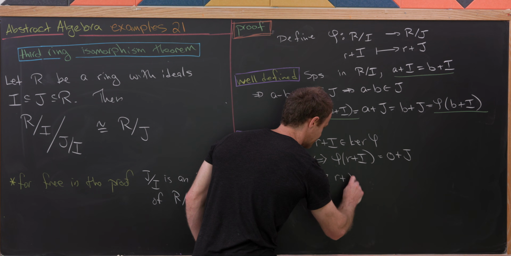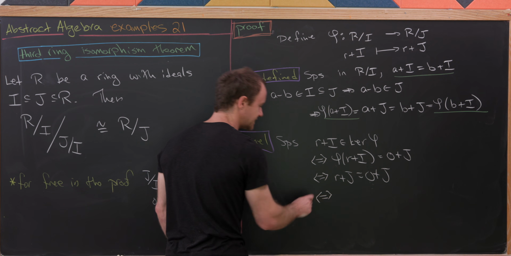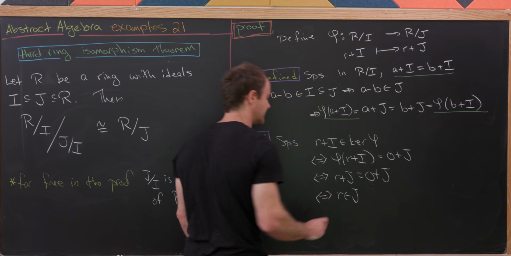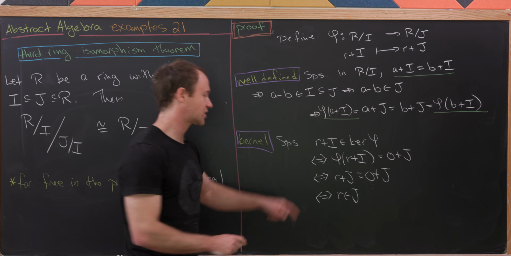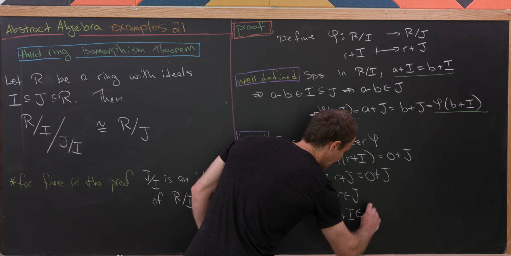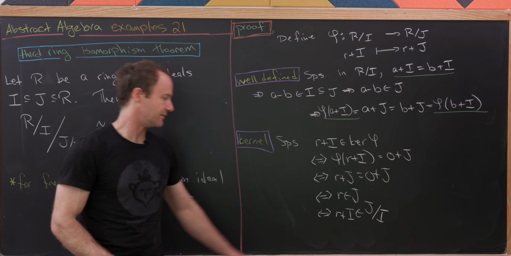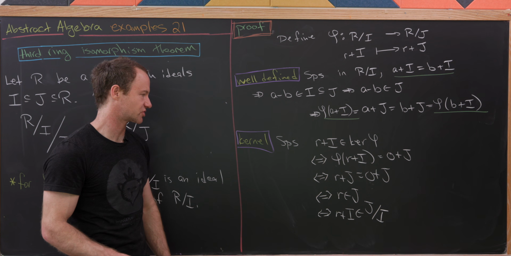So that's R plus J is equal to 0 plus J. But now those cosets are equal if and only if R is an element of J. But if R is an element of J, then this coset is really inside of the quotient space J mod I, because we've got an element of J plus the ideal I. We've got a coset of that structure.